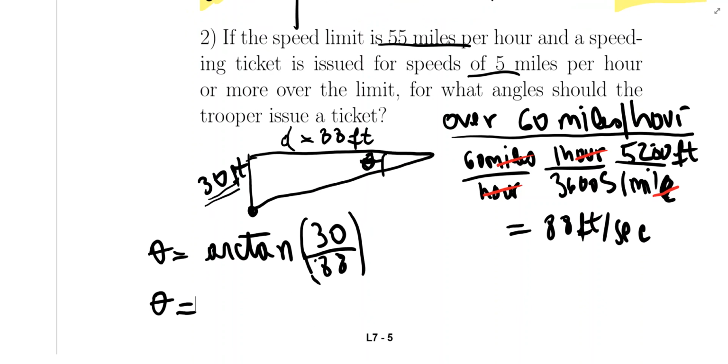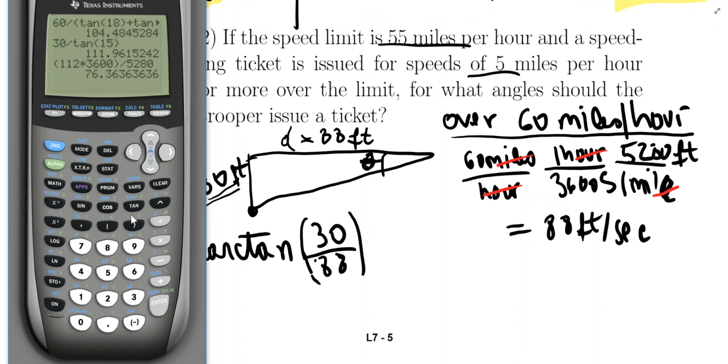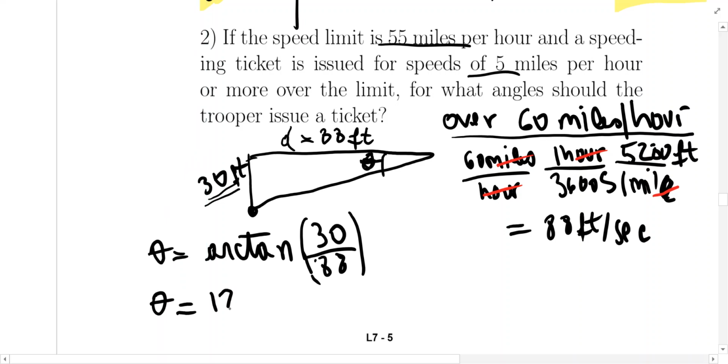If you put it in your calculator, or use anything online, arctan of 30 divided by 88, we get that theta is 18.8. So theta is 18.8 degrees.